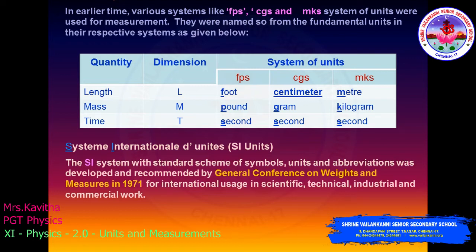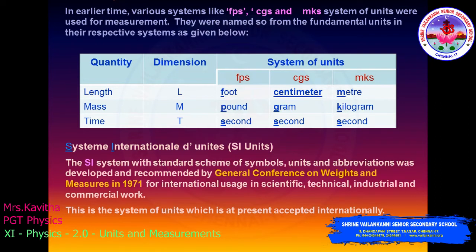The SI system with a standard scheme of symbols, units and abbreviations was developed and recommended by the General Conference on Weights and Measures in 1971. In the 60s itself they started by observing, and they finalized it by 1971 for international usage in scientific, technical, industrial and commercial work, right?